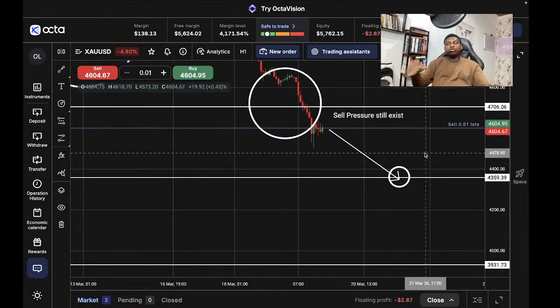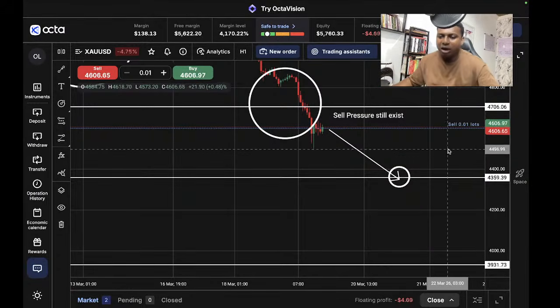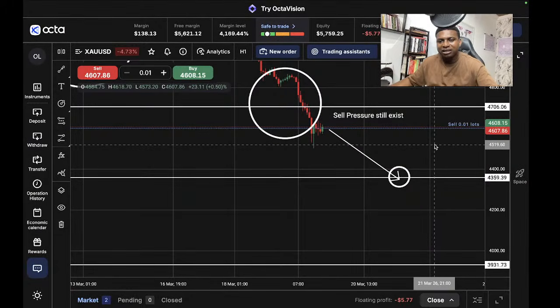Another approach is to use support and resistance zones. Your stop loss can be the next closest support or resistance zone depending on the direction you are facing. All right? And your take profit can be the next support and resistance zones. So it's on you to actually decide. Okay? It's on you to actually decide that.